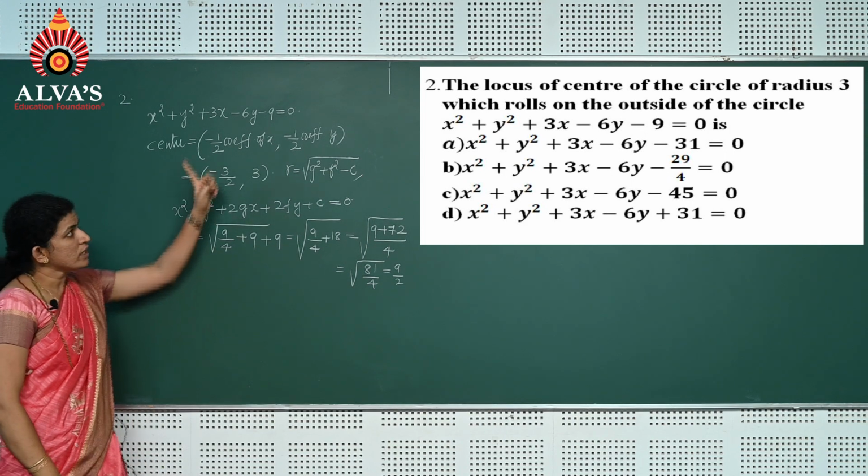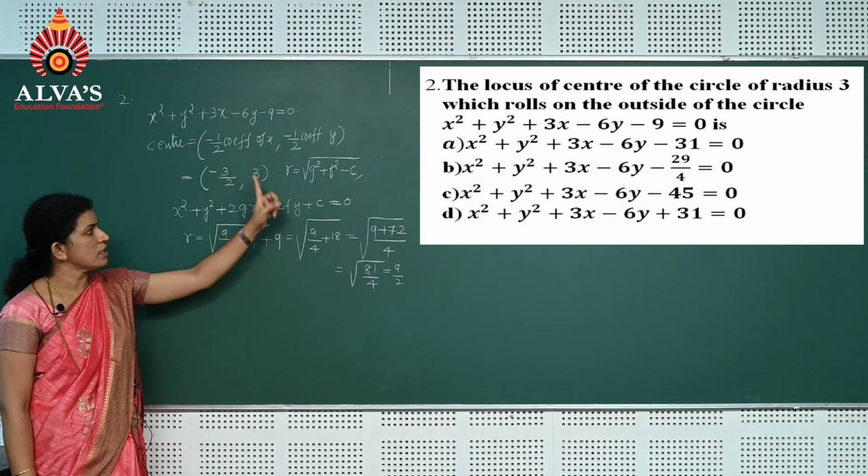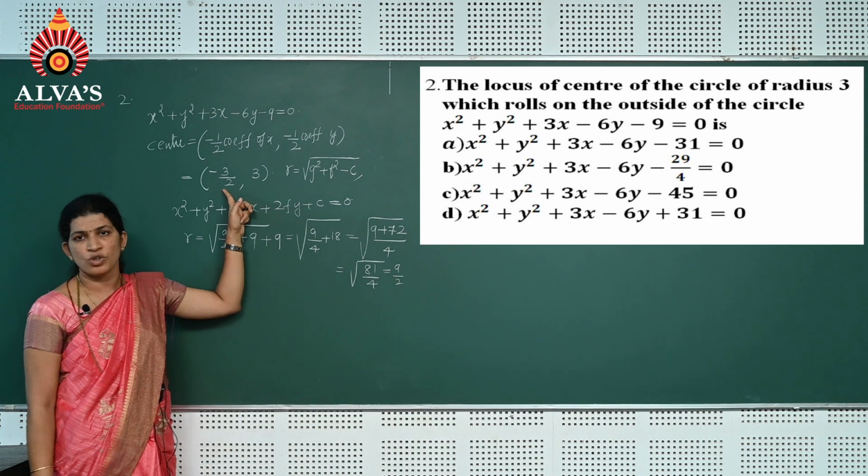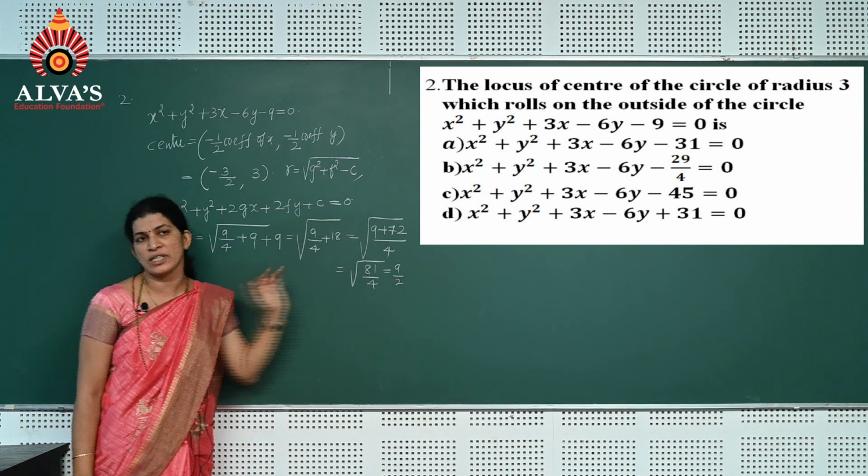So we got the radius and center of the given circle. Center is nothing but (minus 3 by 2, 3), as well as radius is nothing but 9 by 2.